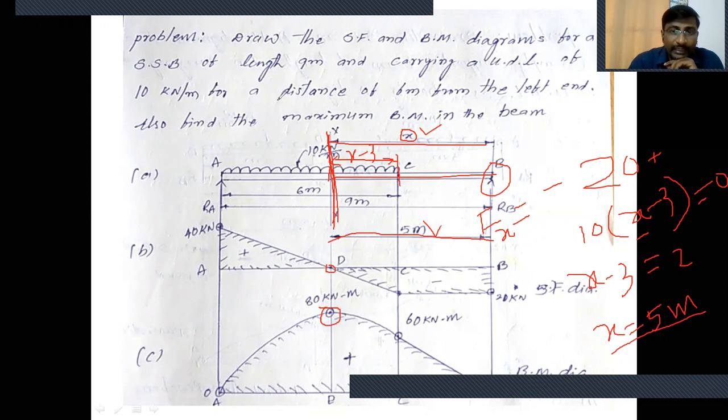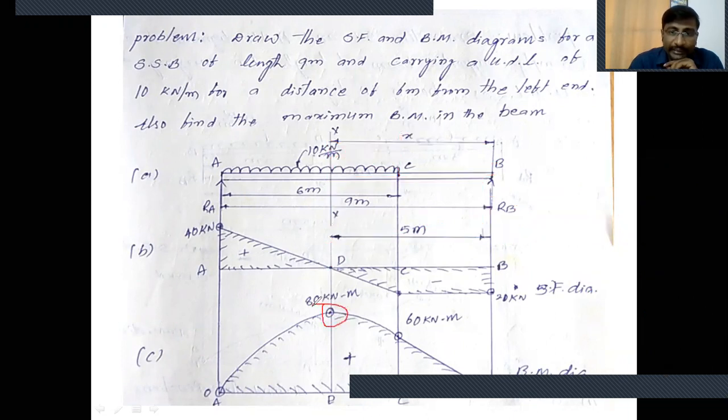So again, we have to write the bending moment equation at XX. If we want to find the maximum bending moment at this point, we use the bending moment equation at XX. So Mx, what is the bending moment at XX? Bending moment means all the moments developed on the right side. Moments means force into distance; shear force is force only. So force RB, clear, students?